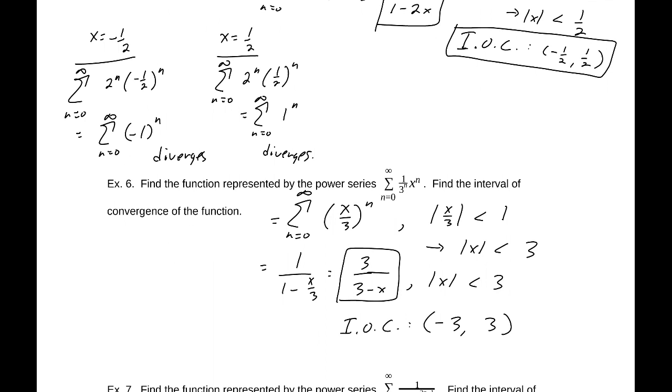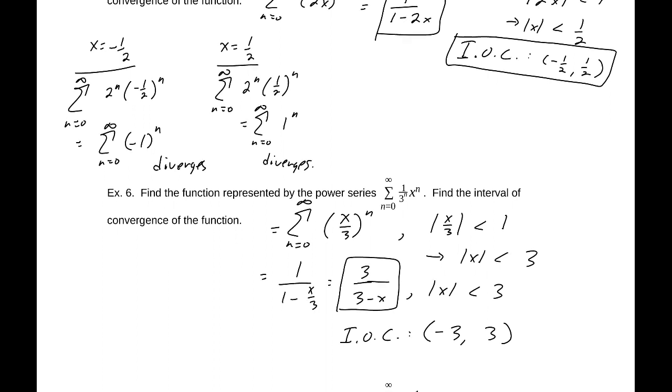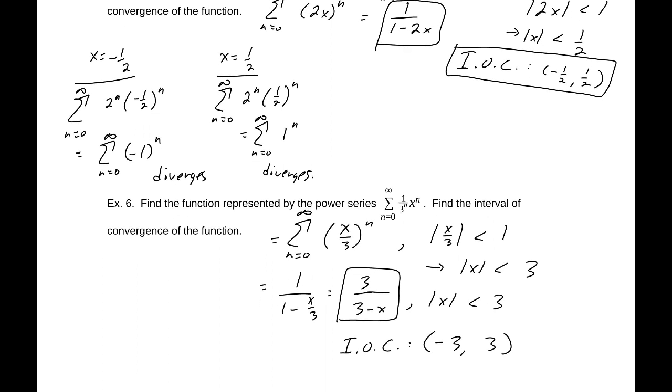Now, for the same reasoning as that last one, I'm not going to redo this, but if I evaluate the endpoints at -3, I get the alternating series, which diverges, and evaluating this at +3, I get the sum of 1, which also diverges. So my interval of convergence is, in fact, just -3 to 3.